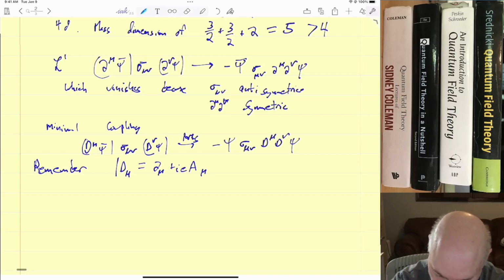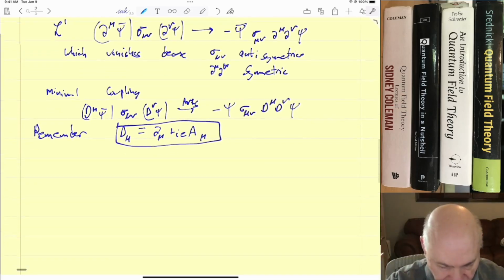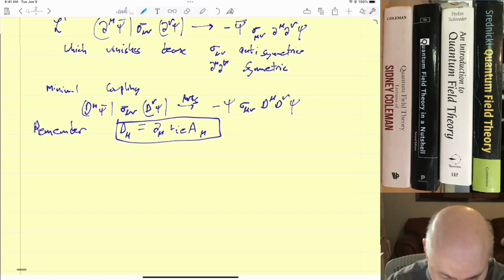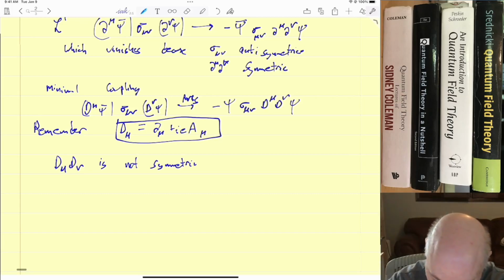So we have this. And now what's interesting is that D mu D nu is not symmetric. So this term doesn't vanish.